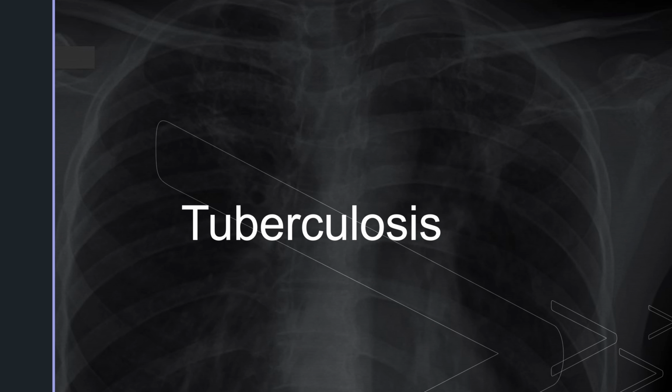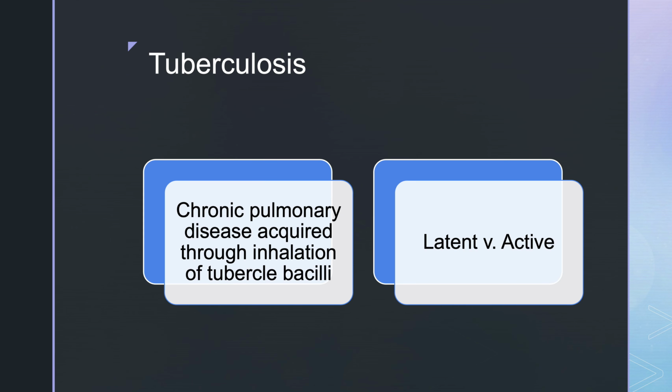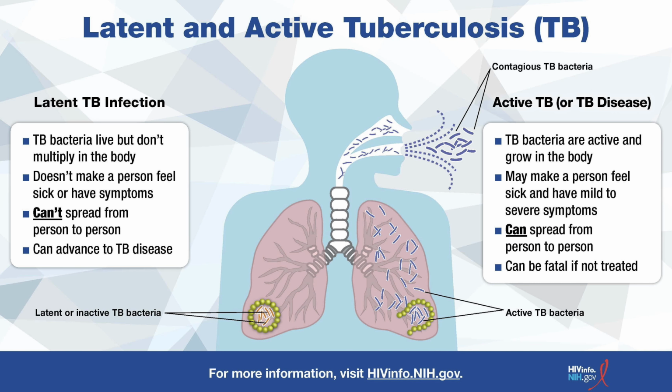Next up, let's talk about tuberculosis. Tuberculosis is a pulmonary disease wherein you have inhaled this bacterium, and we categorize tuberculosis as latent or active. In latent TB, you've got the bacteria in your body, but they aren't multiplying, they aren't growing. It doesn't make you feel sick, you don't have any symptoms, and importantly, in the latent stage, you cannot spread it to another person.